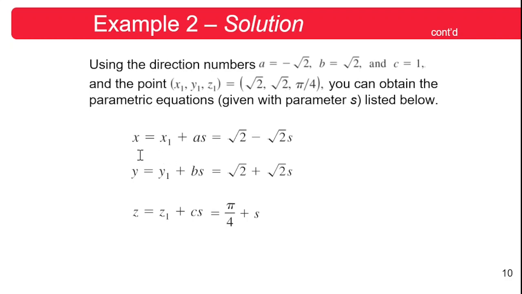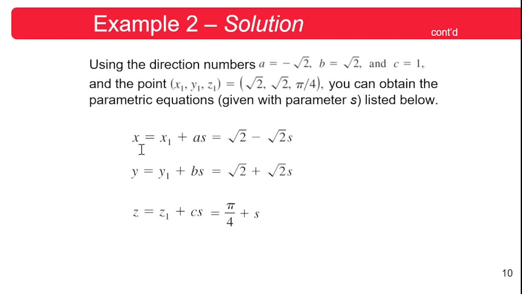Recall that the parametric equations of the line are x equals x sub 1 plus a s, or in some books they use x sub 0 plus a t, where t is any parameter. y equals y sub 0 plus b t, and z equals z sub 0 plus c t. But here, we use x1, y1, z1 for the point, and a, b, c and s for the parameter.